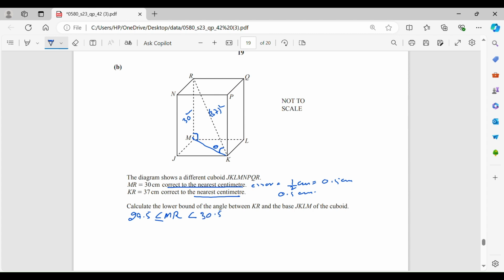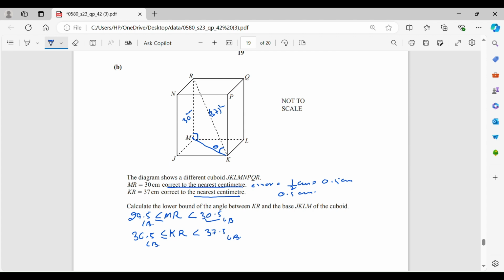This is the lower bound, this is the upper bound of MR. So for KR, greater than or equal to 36.5 and less than 37.5. So this is the lower bound and this will be the upper bound of KR.